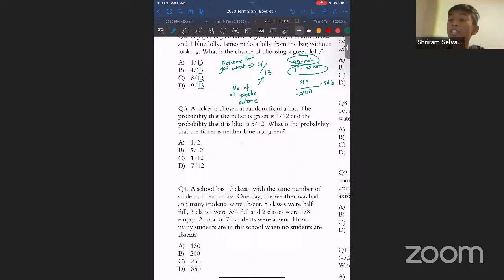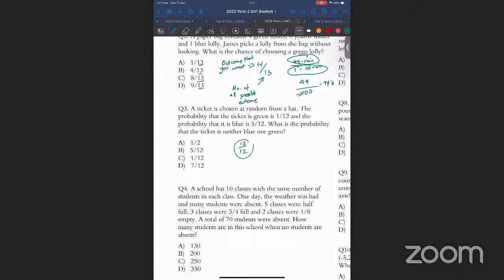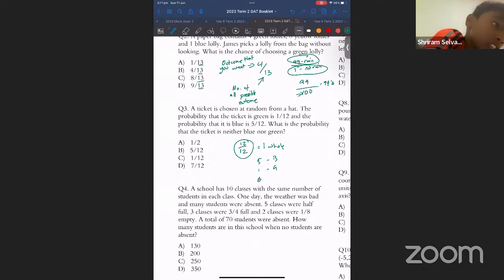It's 12 out of 12, or one whole, because there is a ticket inside. Now 5 out of the 12 happened to be blue, and one of them happened to be green. So how many are neither blue nor green? 6. That's right, because if you add them all up, you get one full probability.